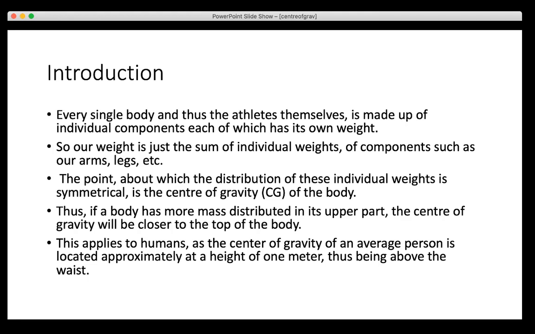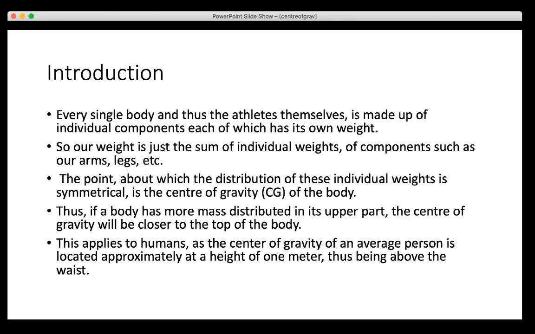This applies to humans, as the center of gravity of an average person is located approximately at a height of 1 meter, thus being above the waist. So this is a generalized point. In a normal person it is just above the waist, but as I've told you, it depends on the mass. So with an increase in mass it will shift towards that, because it is that point where the whole mass is concentrated or distributed well. It is a symmetrical point.